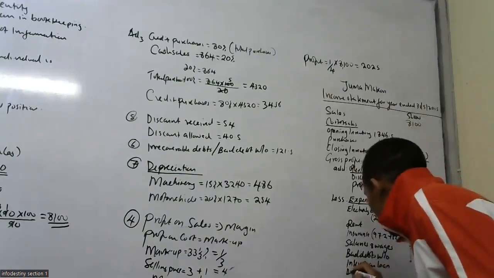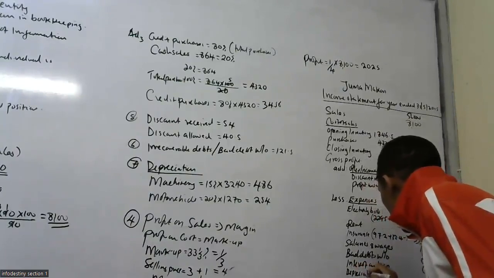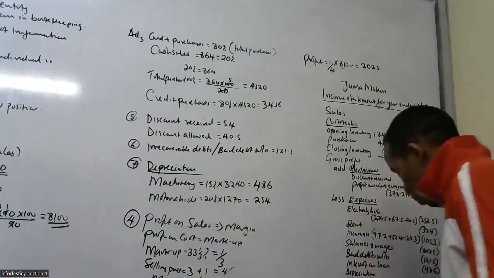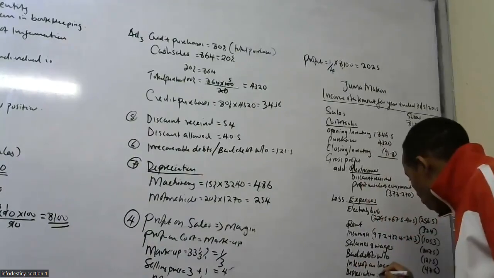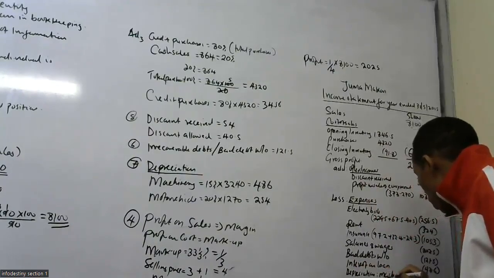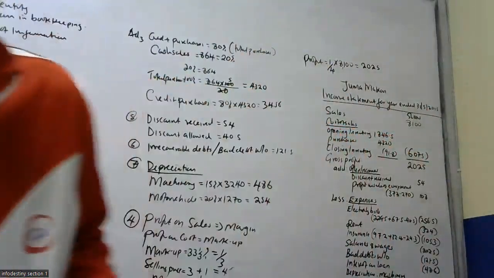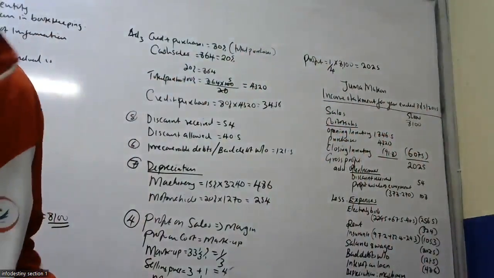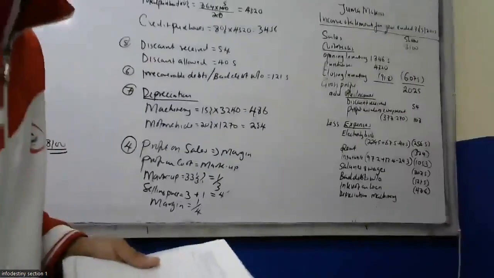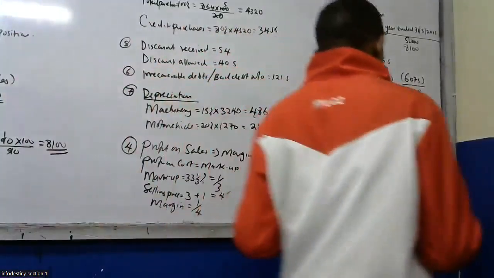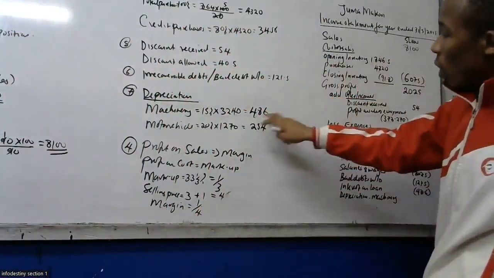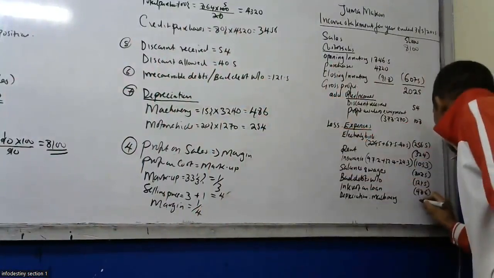Also, we have depreciation. We have depreciation for machinery. Depreciation for machinery, we calculated and we got 486.